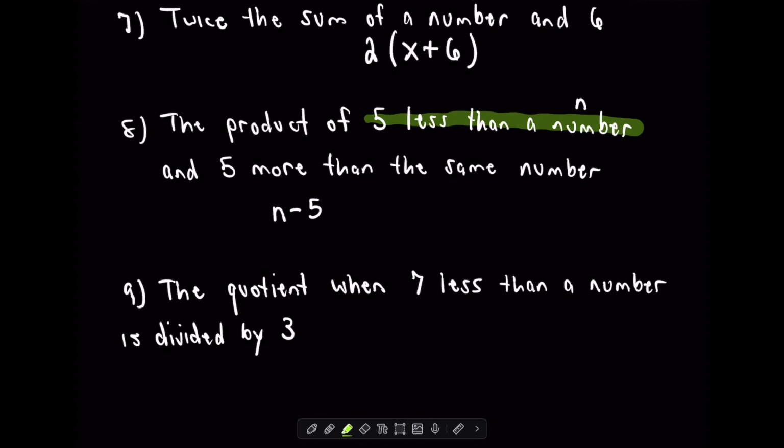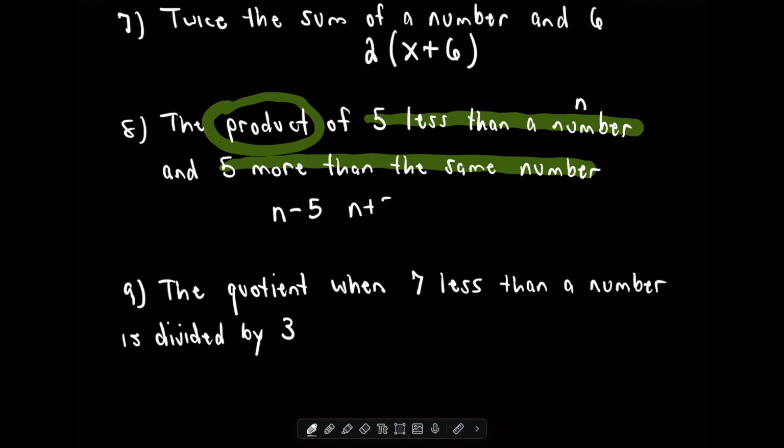And we also want 5 more than the same number, and then we want the product of those two things. Well, 5 more than the same number would be n plus 5. But now we want to take the product of those two quantities, so again, I have to be careful. I want to put both of these in parentheses. Okay, so there's my product of 5 less than a number and 5 more than a number.